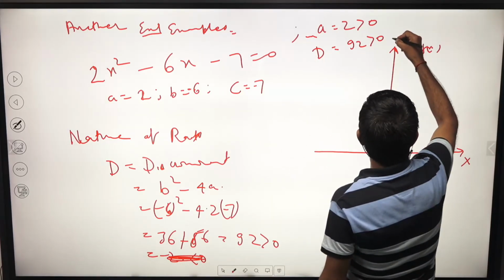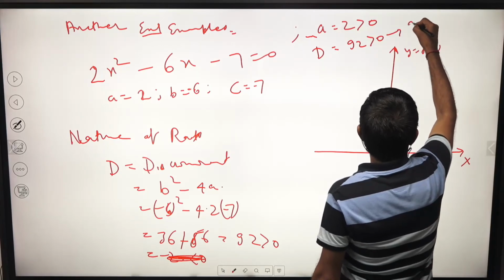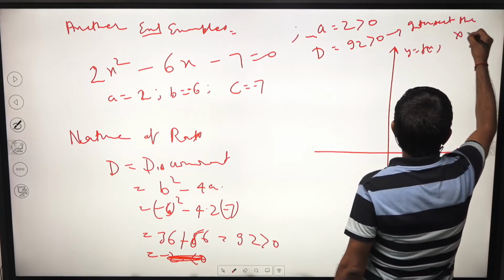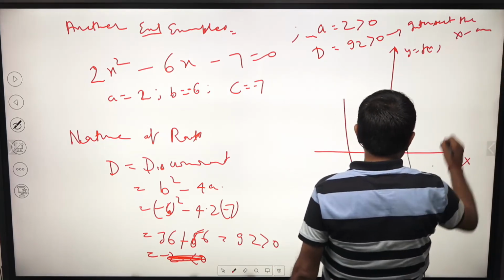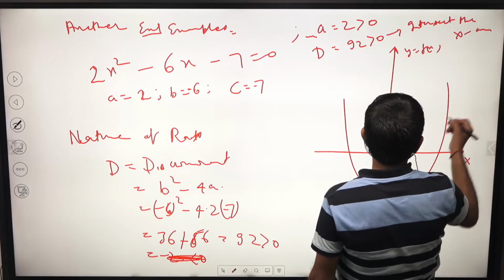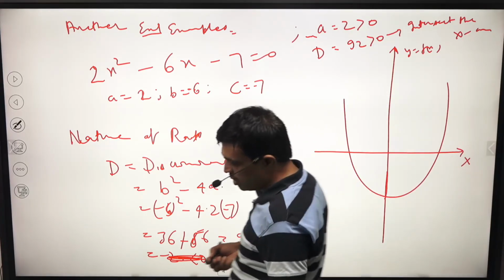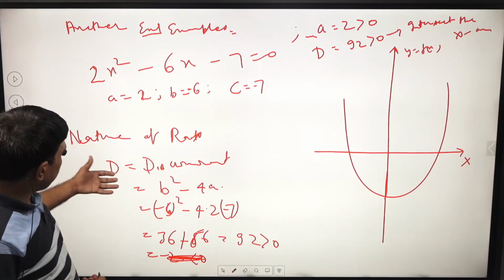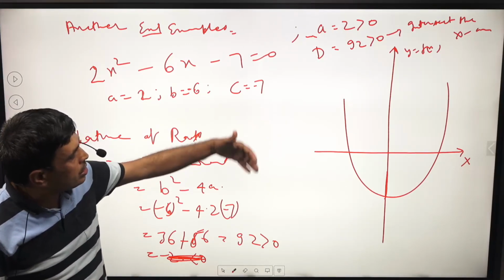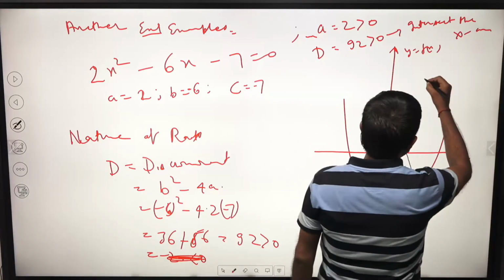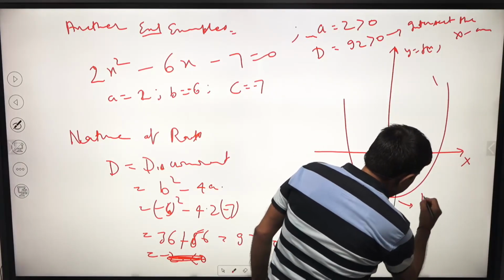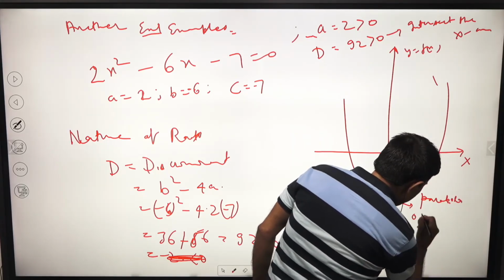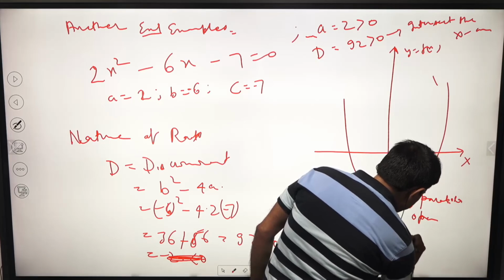So this means it intersects the x-axis, whatever their roots. These are the general graph of these equations. Through the discriminant we can explain that this parabola opens upward.